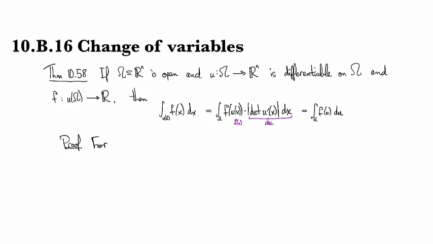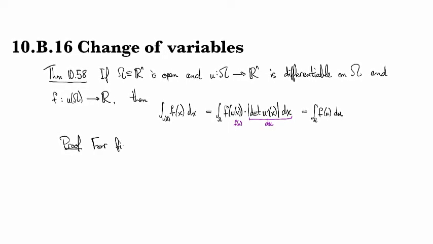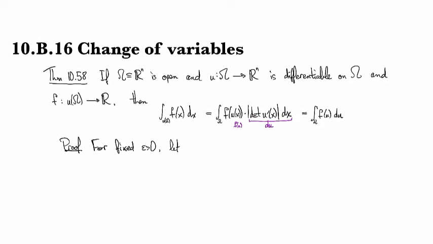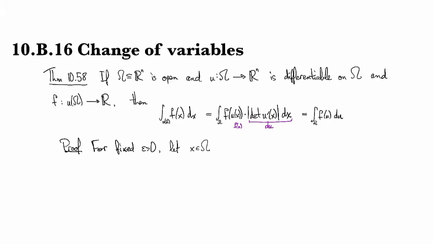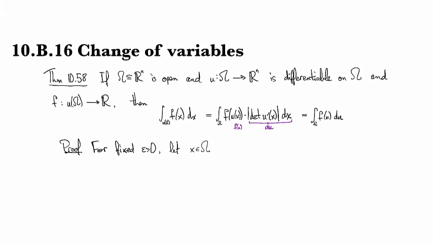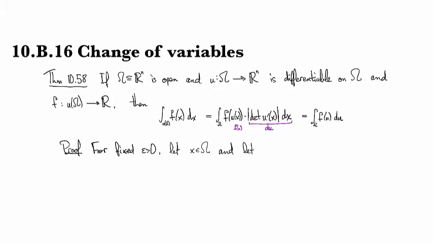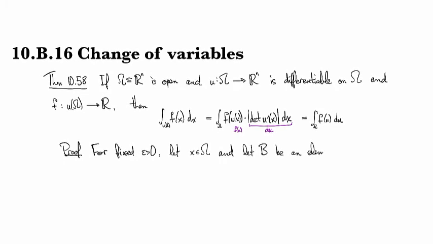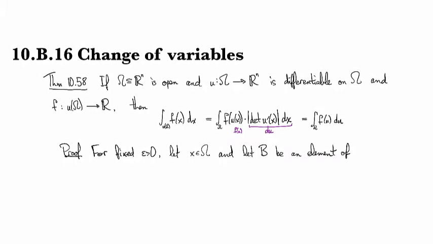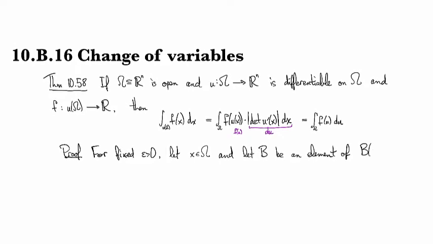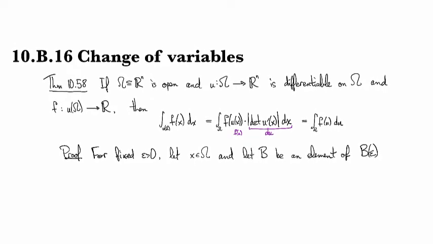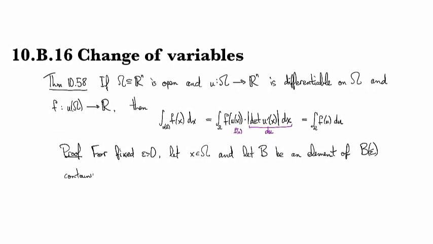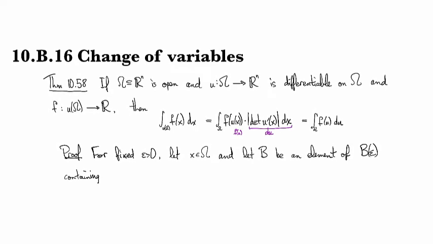So this is an analysis proof, so you start by fixing epsilon. So for a fixed positive epsilon, let's look at a point in omega, and let b be an element of the covering of size epsilon containing x.